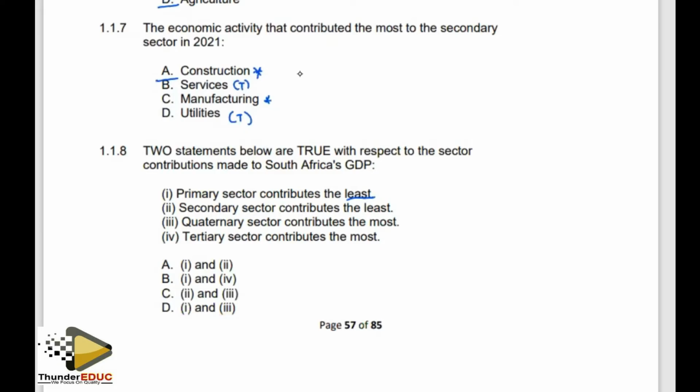So the statement is true, meaning the primary sector contributes the least. That is true according to the table.